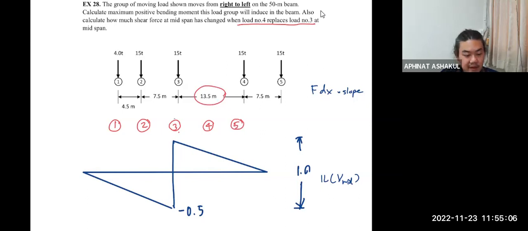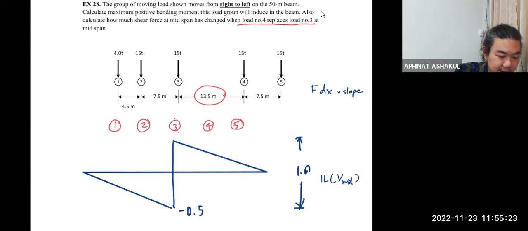Correct? Because 3 and 4 are 13.5 meters apart. So if 4 will replace 3 at mid-span, it has to move the same distance as they are apart. So now 4 is where 3 once was.